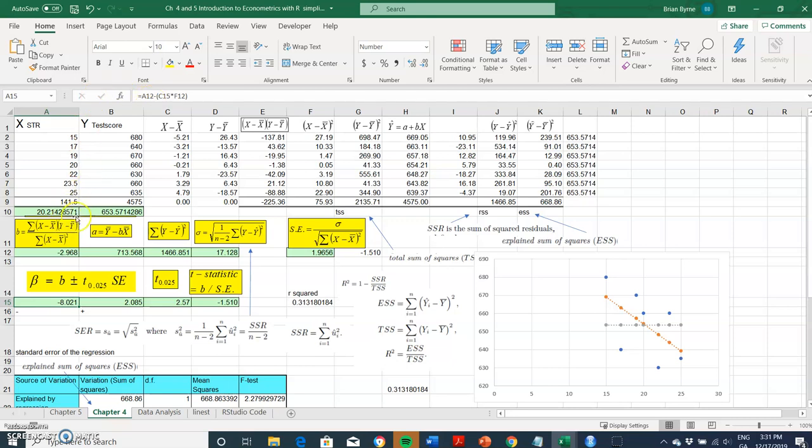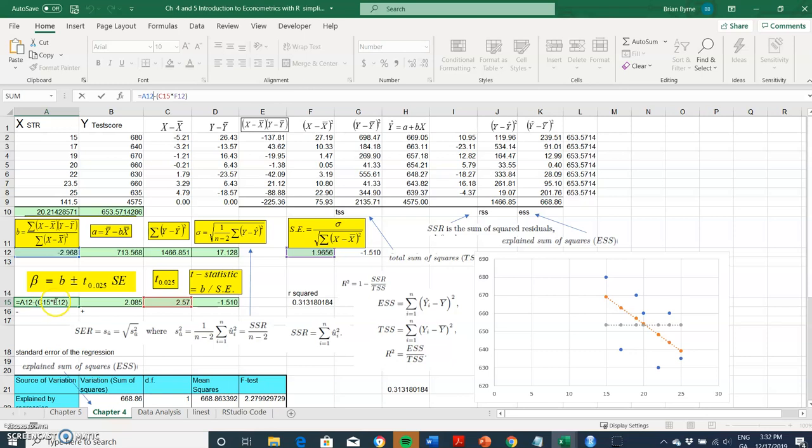So beta is, let's just highlight these, negative 2.968, negative 2.812, then initially minus, and then take C15. C15 is 2.57. We'll look at this in a moment.